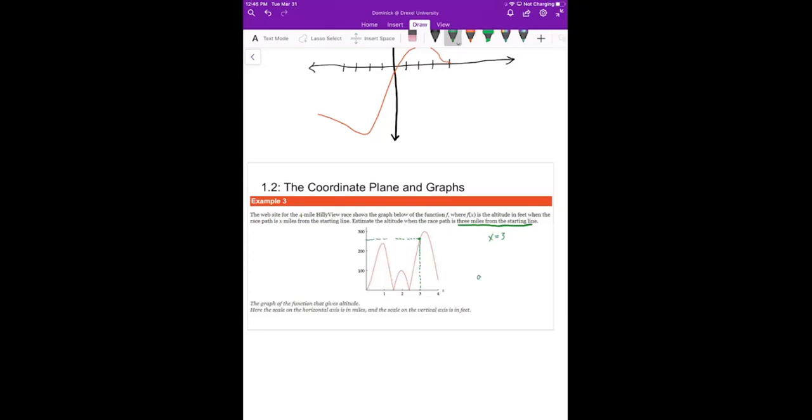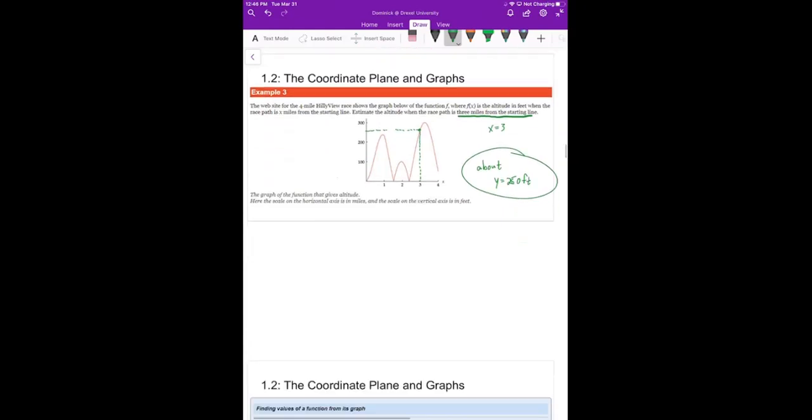It looks to be about y equal to 250 feet. So something like that. This is just an estimate, but this is probably no doubt a complicated function to work with, so rather than finding that complicated value, we can just use the graph to estimate.